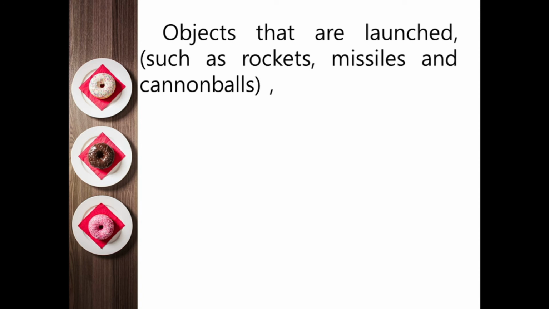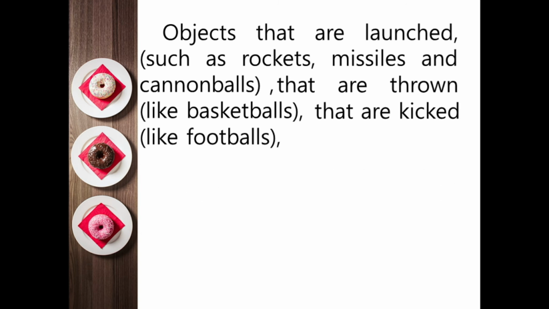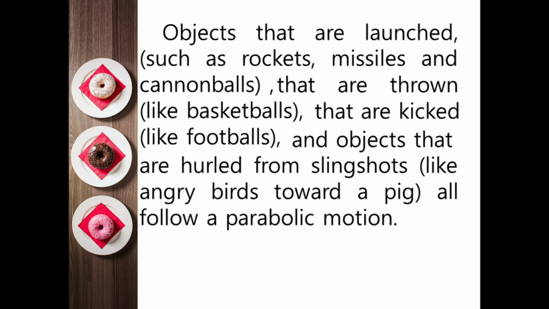Objects that are launched, such as rockets, missiles, and cannonballs, objects that are thrown, like basketballs, objects that are kicked, like footballs, and objects that are hurled from slingshots, like Angry Birds toward a pig, all follow a parabolic motion.